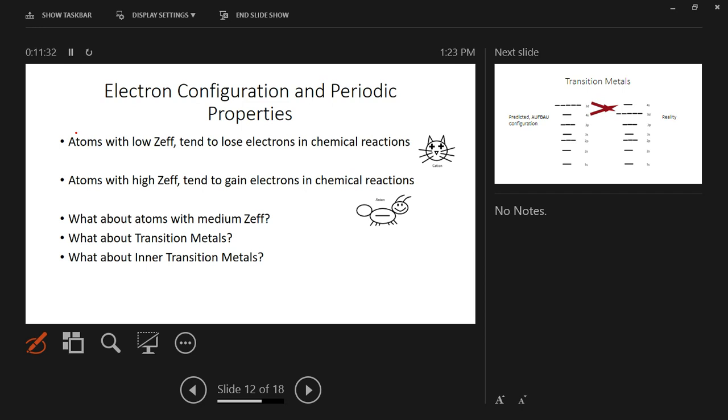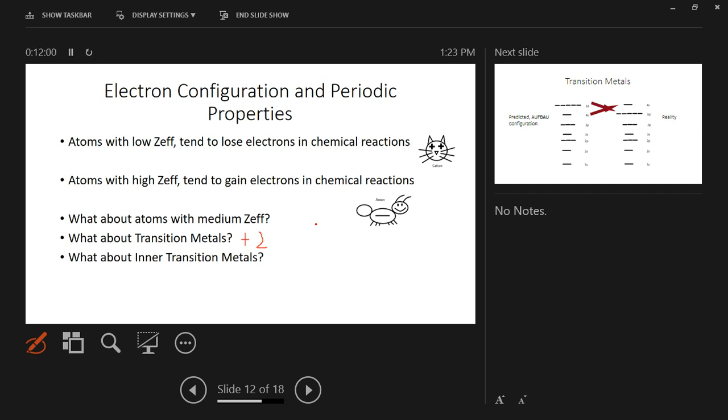They don't lose electrons, they don't gain electrons, they tend to share their electrons, right? And that's because the effective nuclear charge is too low to attract the electrons enough to steal them from another atom, but it's also too high to give them away, right? And then what about transition metals? Well, transition metals all have an effective nuclear charge of essentially +2.